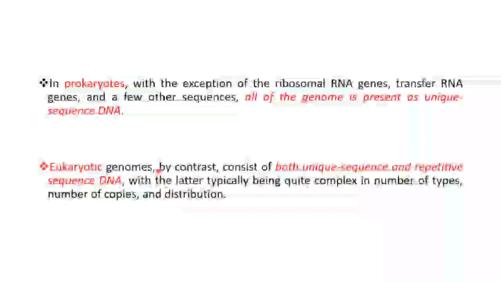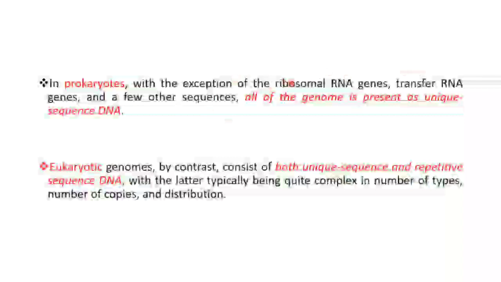In prokaryotes, meaning in bacteria and archaea, all of the genome is present as unique sequence. Why? Because the genome of the bacteria and prokaryote is very small, so there is no space for repetitive DNA sequence. So that's why most of the DNA sequences are present as unique, except the DNA sequences encoding the ribosomal RNA and the transfer RNA.